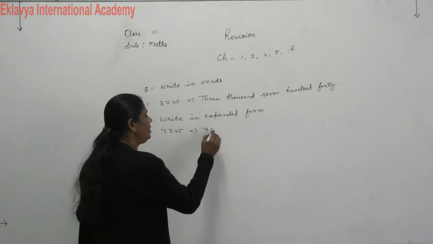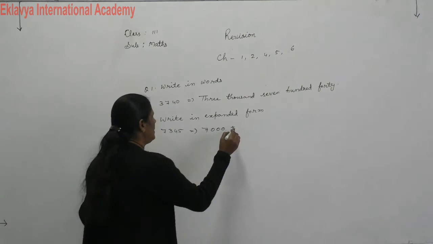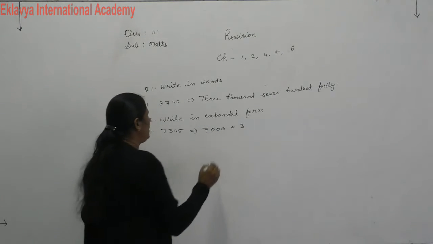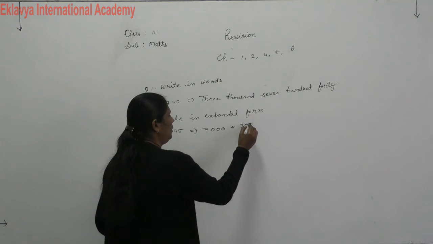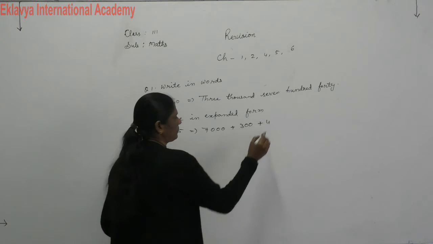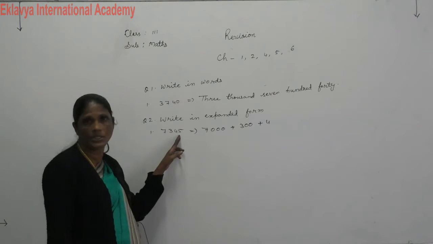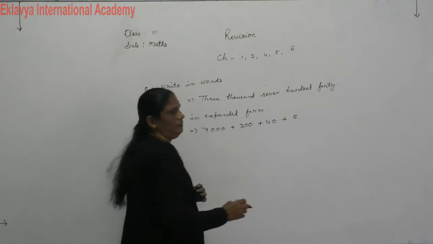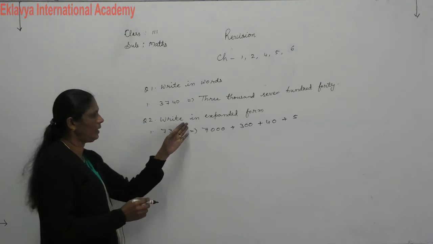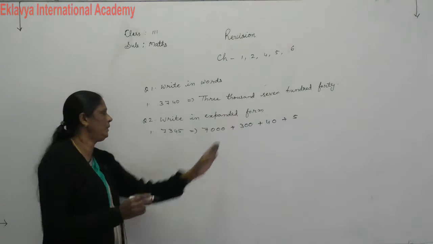You put 30 plus 3. 3 after how many digits? 2 digits. You put a 20. Then 4. 4 after how many digits? 1 digit. You put a 10. Then 5. This is write in expanded form.